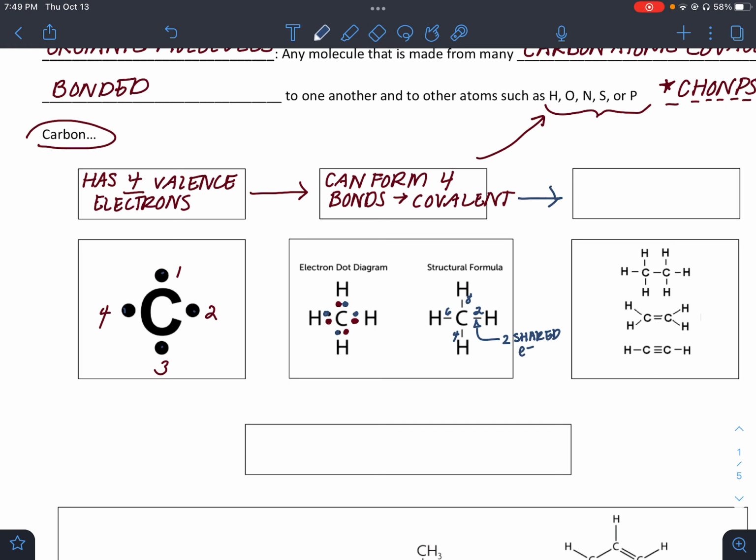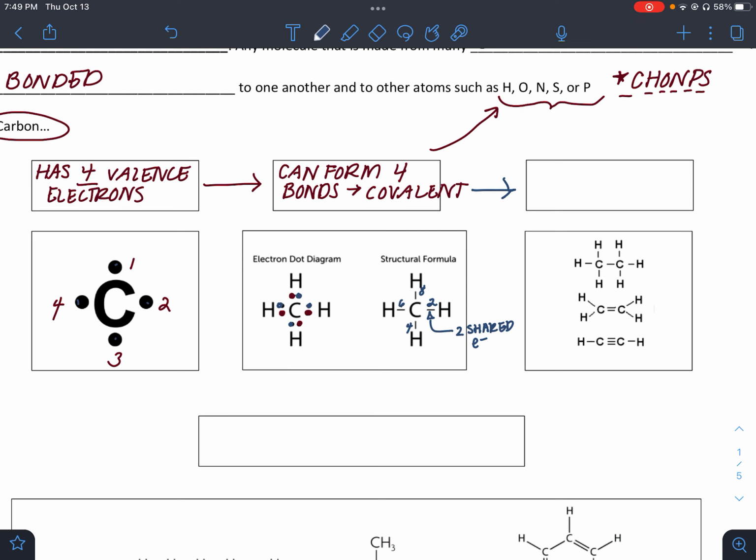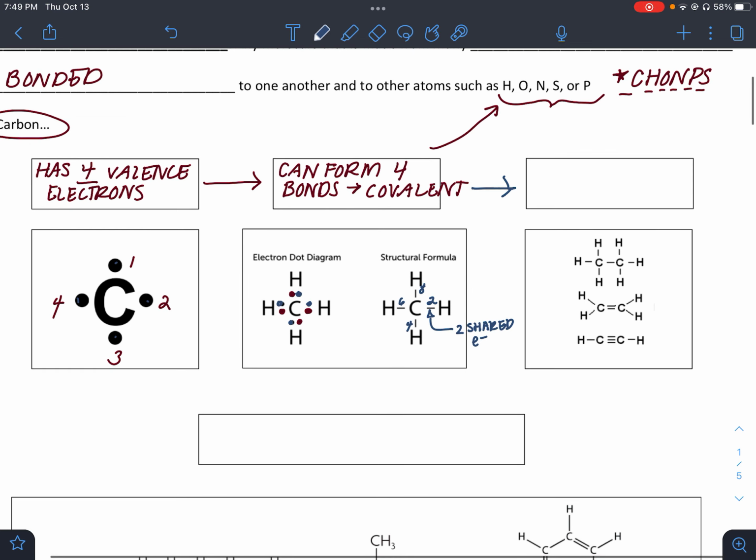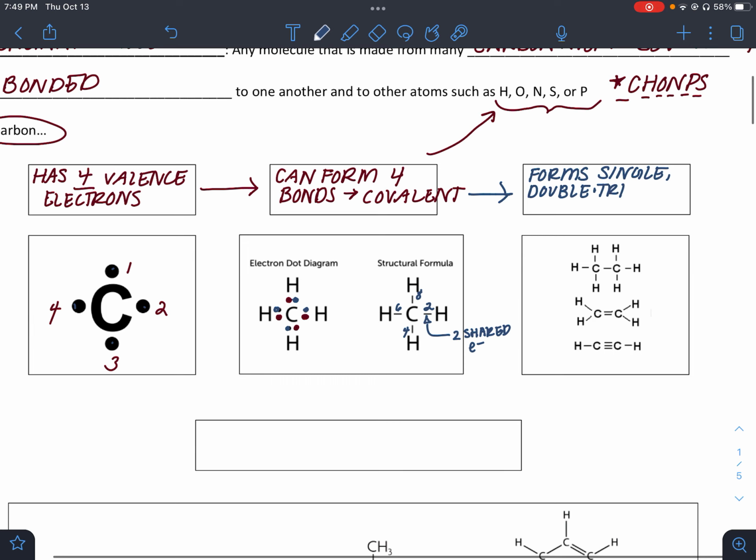All right, that four bonds, okay, it doesn't just have to be single bonds like we see here, although carbon can form single bonds, okay, but it can also form double bonds and triple bonds, okay?